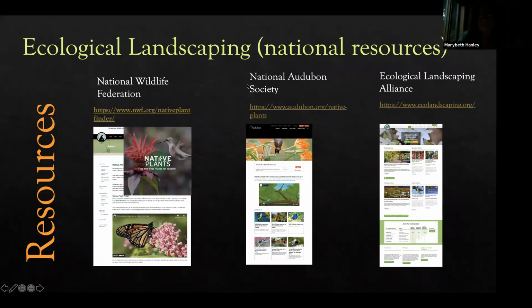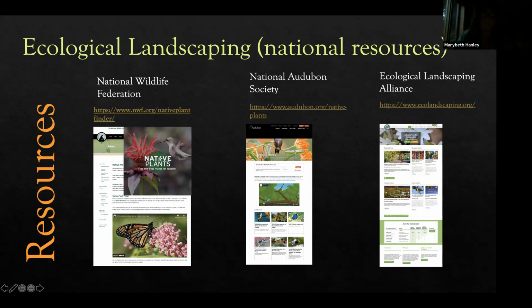Like for instance, the National Audubon Society, in this middle section here, you can enter your zip code and it will tell you what kinds of birds and what kinds of plants you would plant for where you live if you want to attract those kinds of birds. And there's also the Ecological Landscaping Alliance, which has a lot of good information.